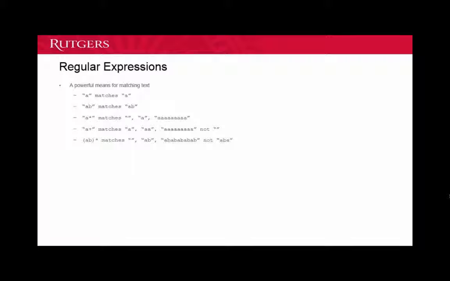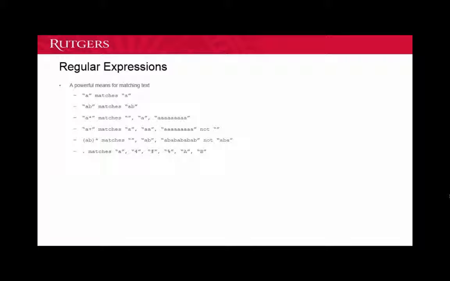Parentheses are grouping signs. So (AB) star is the regular expression modified by a star. It still matches nothing, or matches AB, or AB, AB, AB, AB, but not ABA. It has to be the A and the B.